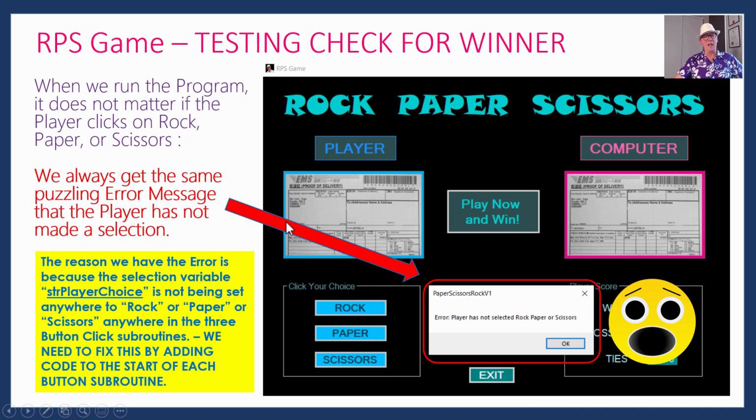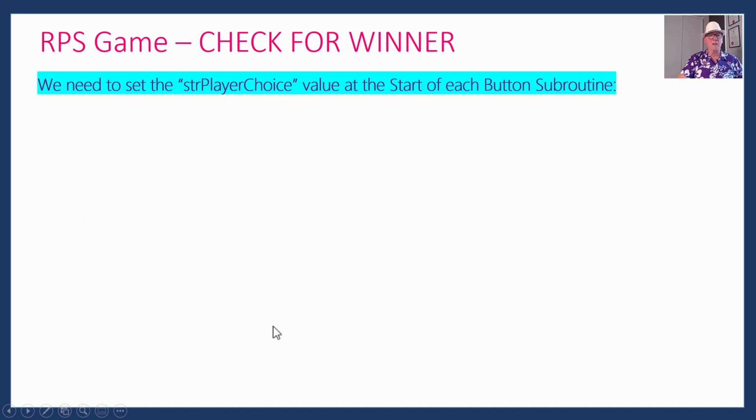But again, by having that else with the other situation, what is going to happen if we haven't got anything to check against, all right? So that's kind of a good thing. And let's move on here.